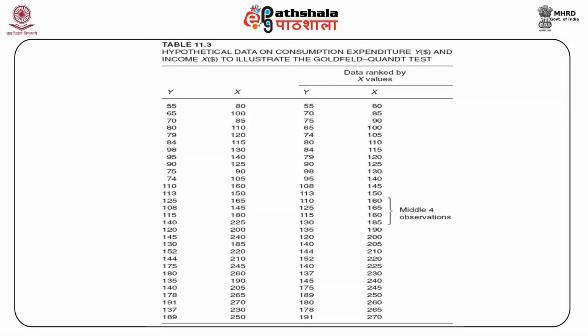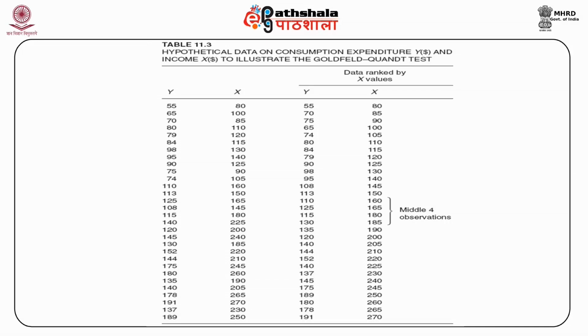From these results, we obtain gamma is equal to RSS2 divided by DF, which is divided by RSS1 divided by DF, which comes to equal 4.07.